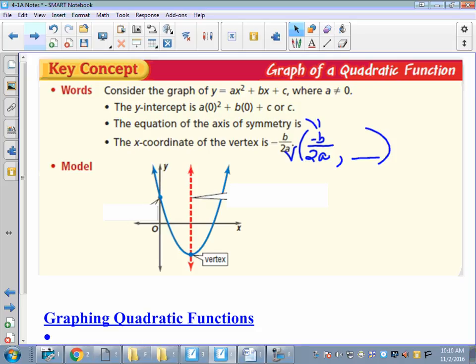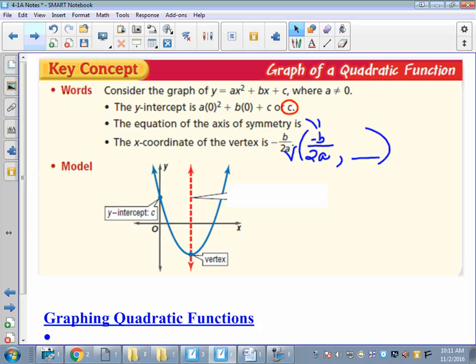Then add b times 0, which is still 0. All you're going to end up with is the c value. So the constant is your y-intercept. And the y-intercept, again, is where the graph crosses the y-axis. Just by looking at the equation, you know the y-intercept. Just like in a line, you know where the y-intercept is. It's that number in the back.